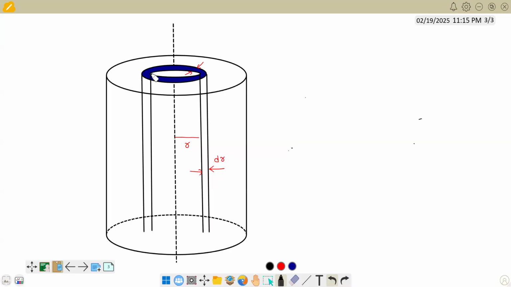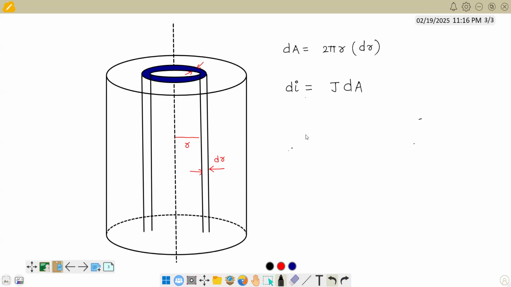And let us assume the current flowing through this. What will be the area of cross section of this thickness that we have selected? The area of cross section dA would be simply 2 pi r, the circumference of this circle, into its thickness dr. Now, the current flowing through this is dI equals J, current density, into the cross-sectional area of the selected small cylinder.